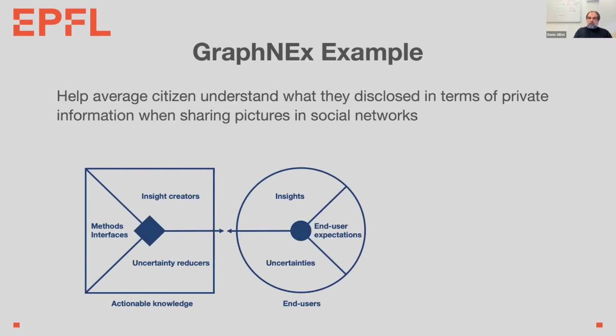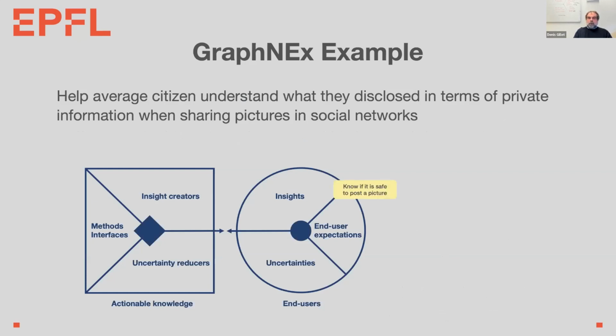So now if I take just an example, I have to be fast due to the time constraint. In privacy management, if you think about an average citizen trying to understand what they disclose in terms of privacy information when they share a picture on a social network, we can use this canvas to design the solution.